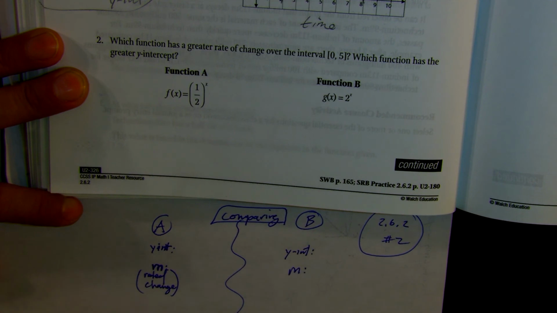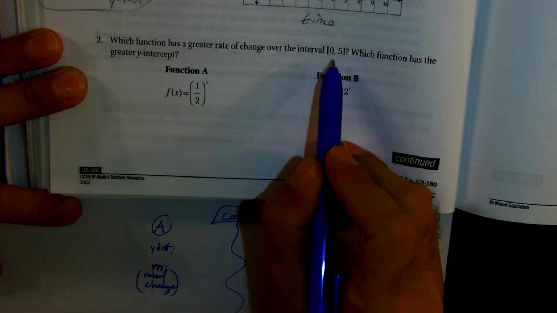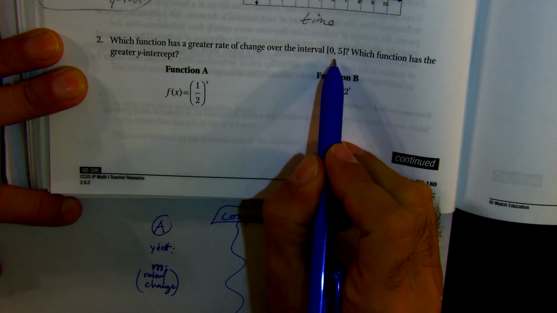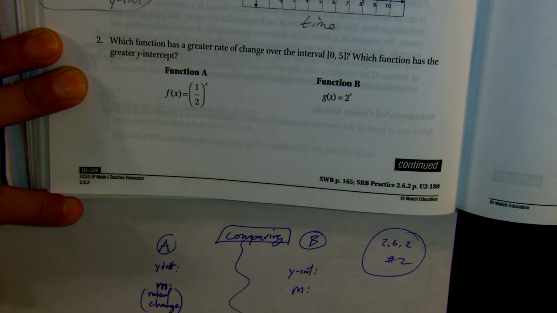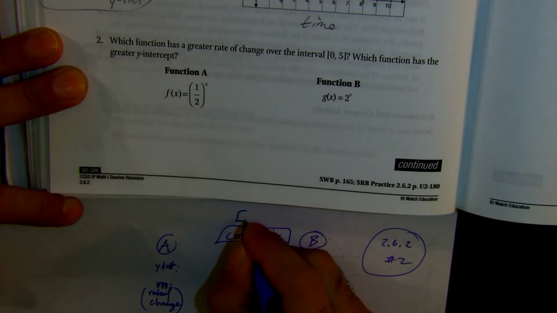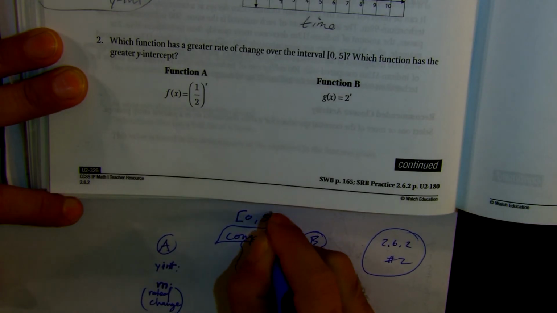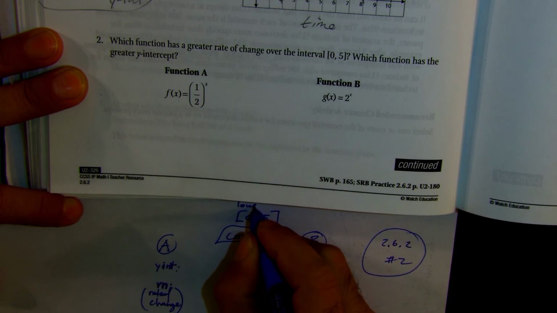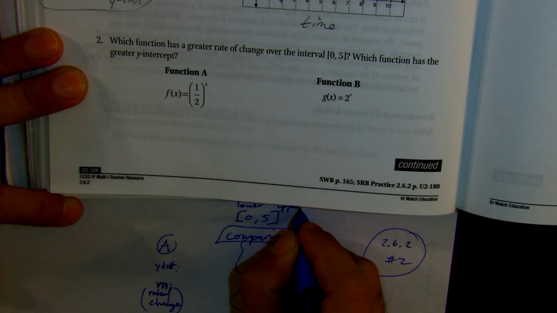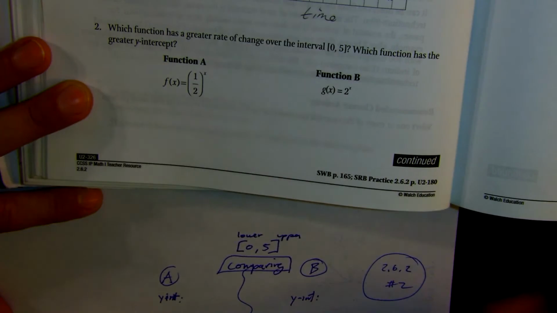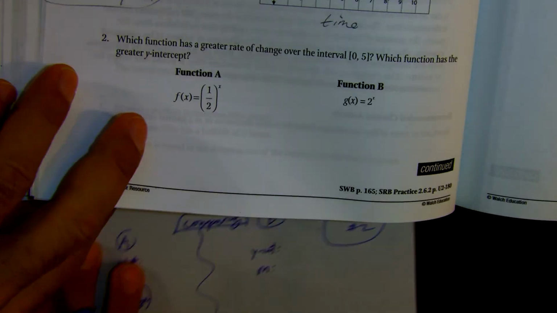So here's the thing. We need to find the rate of change and the y-intercept for A and B over this interval, 0, 5. If I'm only able to look at it from 0 to 5, remember this is just the lower and the upper limits for our x values.